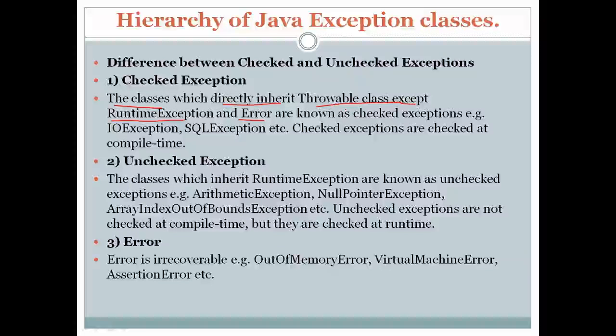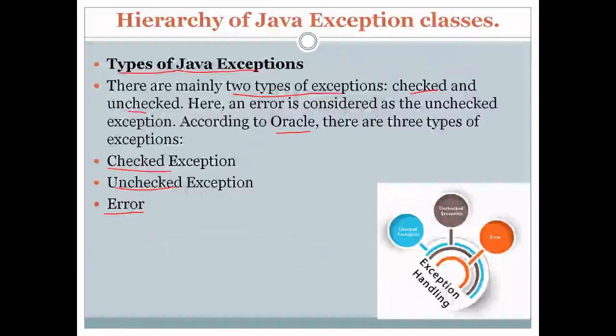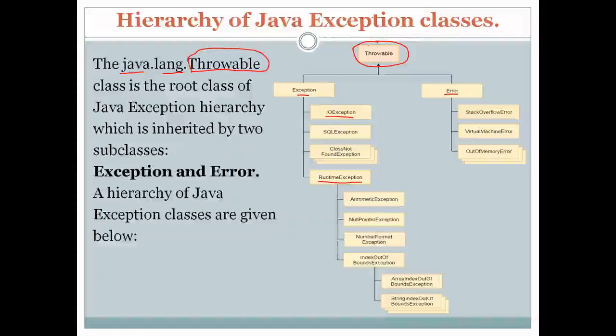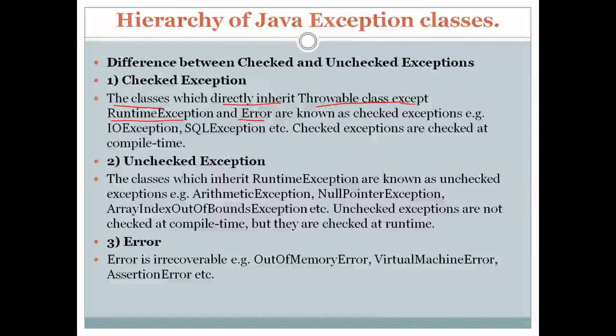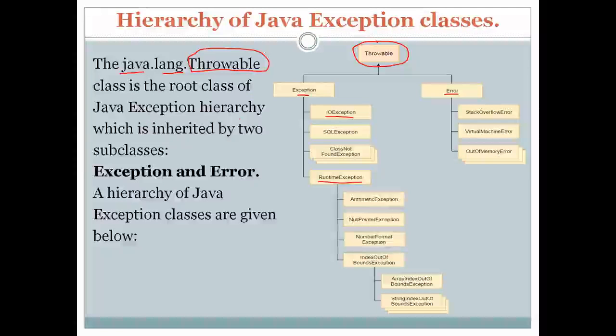Now you can see the classes which directly inherit Throwable in this diagram. The classes directly inheriting Throwable are Exception and Error. These are the two classes. So leaving two, that is RuntimeException and Error.